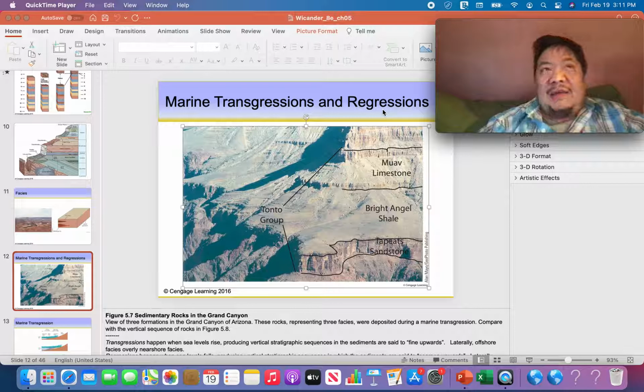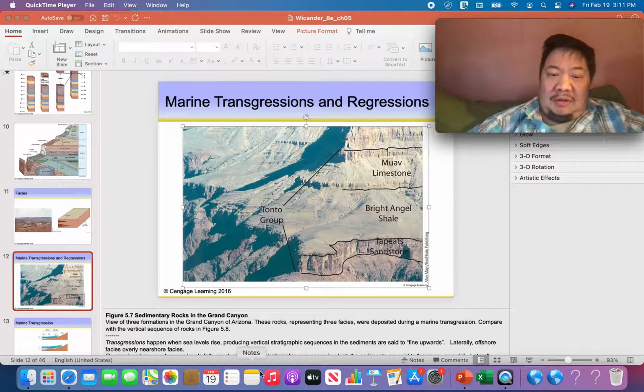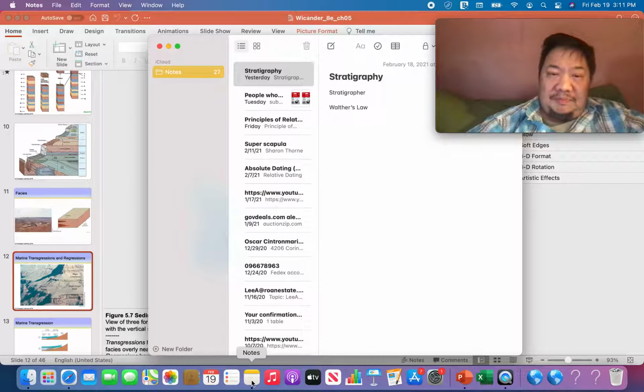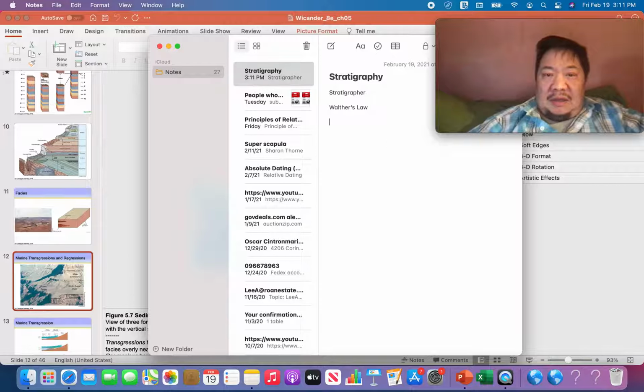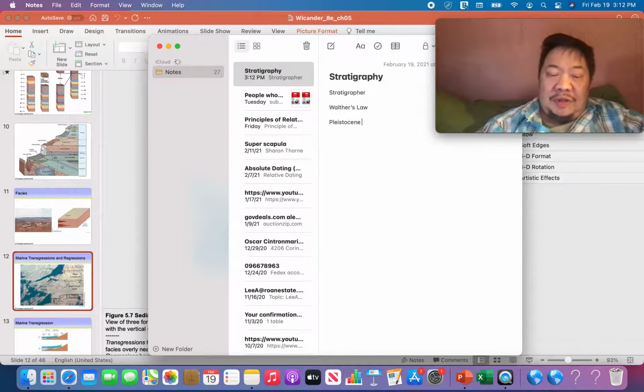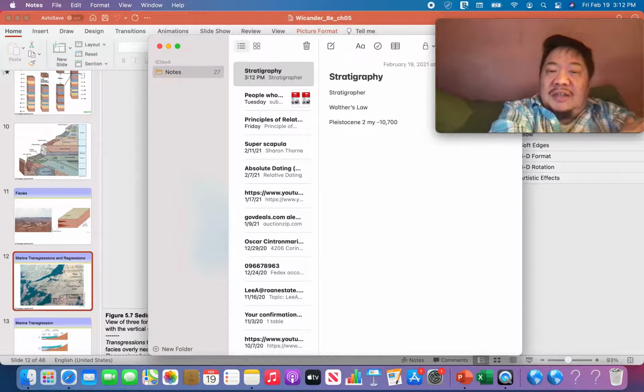To give you an idea how that works, our last ice age is called the Pleistocene. The Pleistocene is from 2 million years ago till 10,700 years ago. During the Pleistocene epoch, that's one of the units in the geologic timescale: Eon, Era, Period, Epoch.